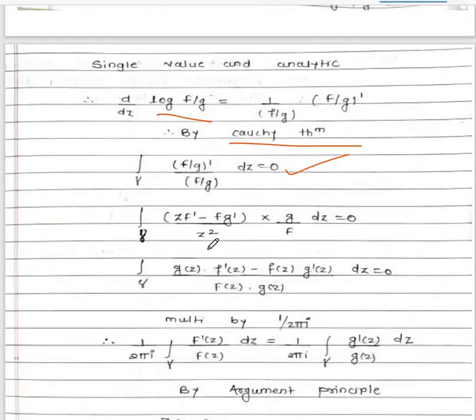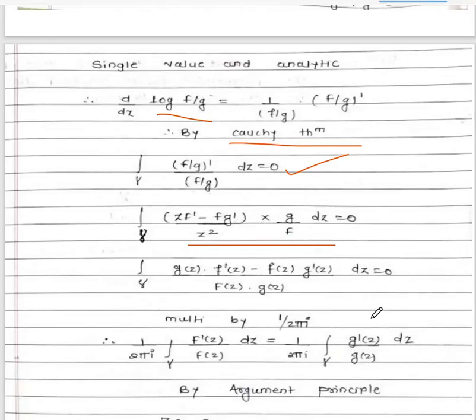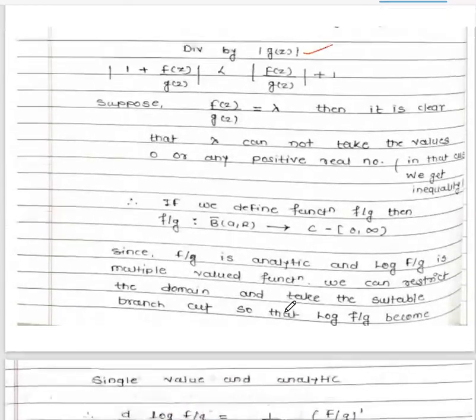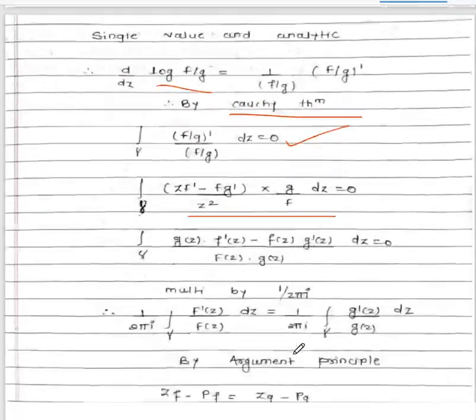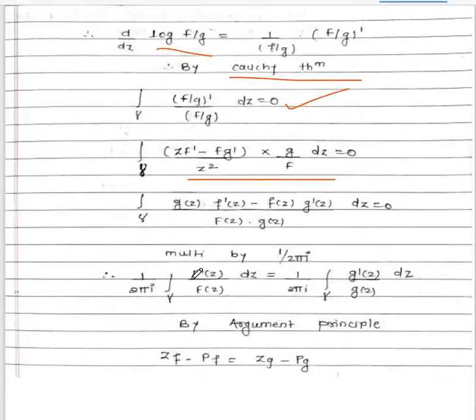If you take the derivative of this term and solve, you will get these steps. Separating this term, we get g of z f dash of z minus f of z g dash of z upon f of z into g of z. Multiplying on both sides by 1 upon 2 pi.